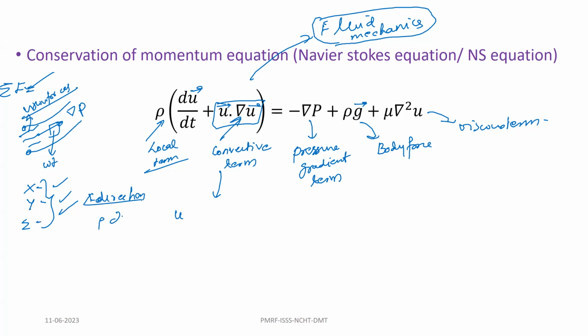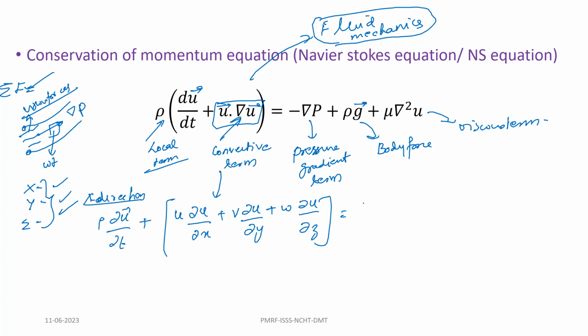Then it comes as rho dou U by dou T plus, you have to expand this like this, U dou U by dou X plus V dou U by dou Y. Why am I taking U? Because it is in the X direction. Plus W dou U by dou Z is equal to minus dou P by dou X, the pressure gradient in the X direction, plus rho G X.